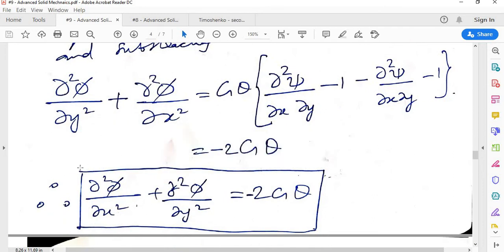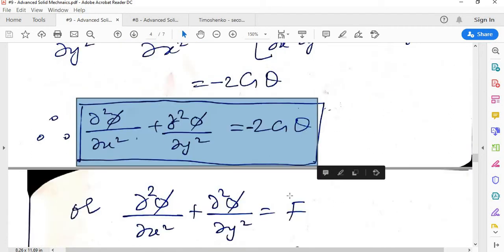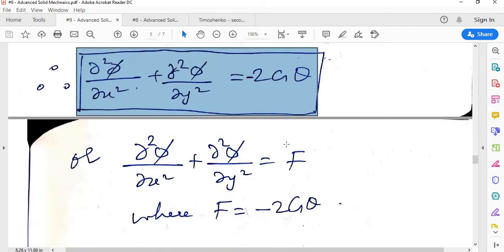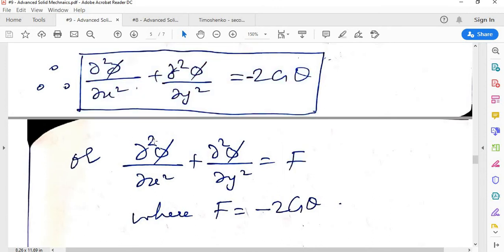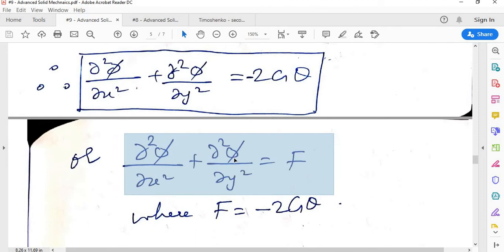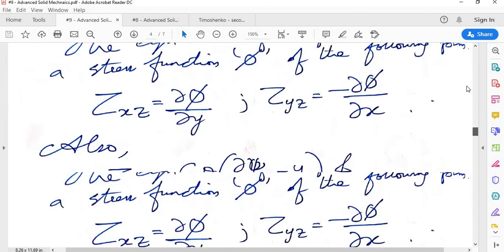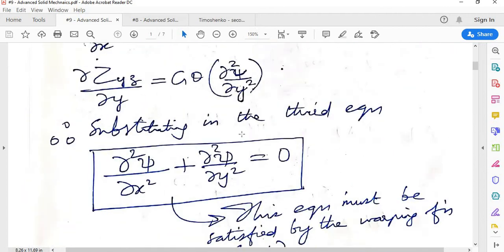So it means del square phi by del x square plus del square phi by del y square equal to minus 2g theta. So 2g theta, you can write it in terms of another variable f. So this is the first expression that we are looking for. This expression is a replacement of this expression.